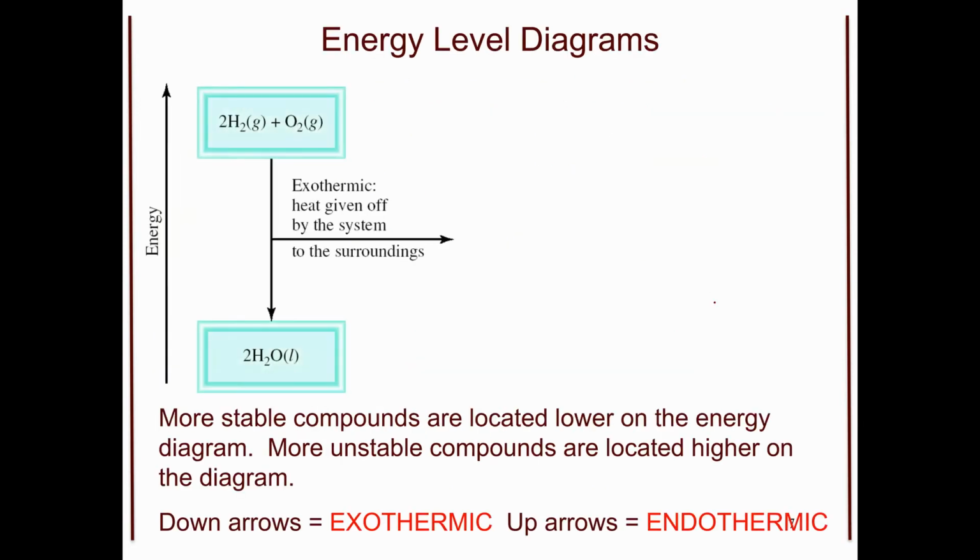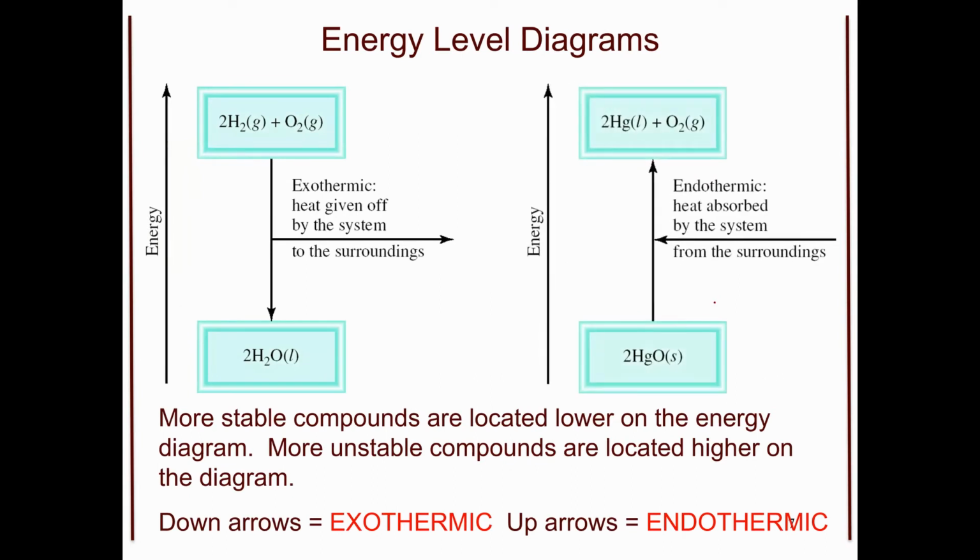Another way that we can look at this is using energy level diagrams. This is a nice way to describe visually how systems either gain or lose energy. So let's go ahead and look at the first one here on the left. You will see that my reactants are going to go to the products by the direction the arrow is going.